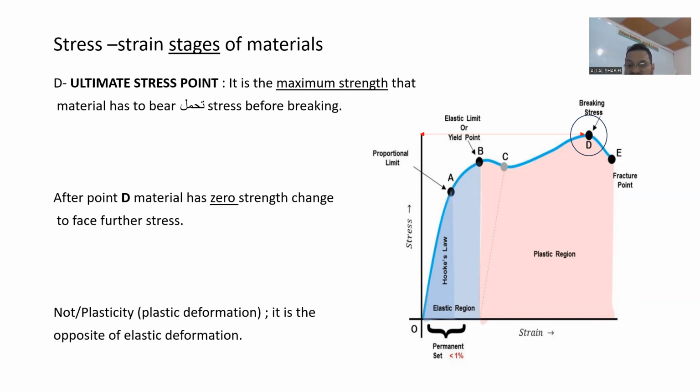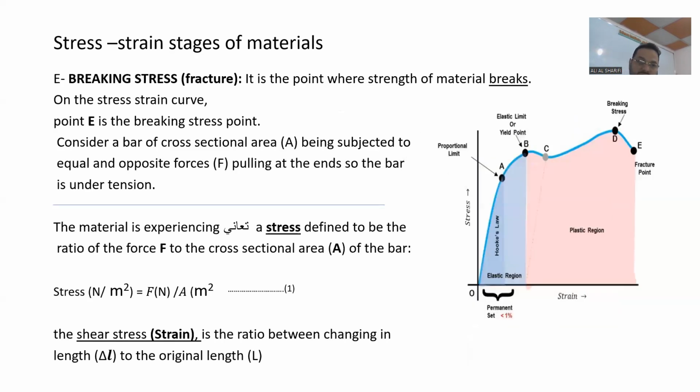No more maximum strength will be available after we put more heavy weight. This material bar will break down. After point D, the material has zero strength, like I said before, to face further stress. No further stress can be taken by this bar material. No plasticity, it's the reverse of elastic deformation.